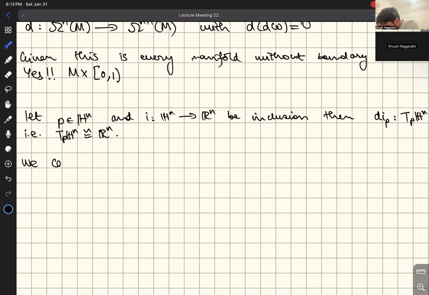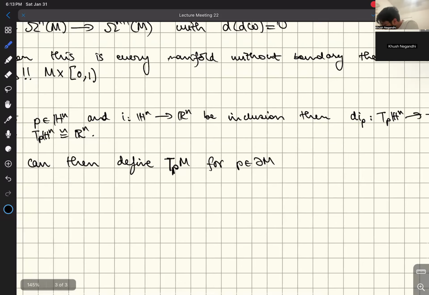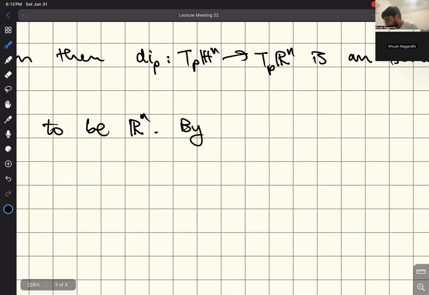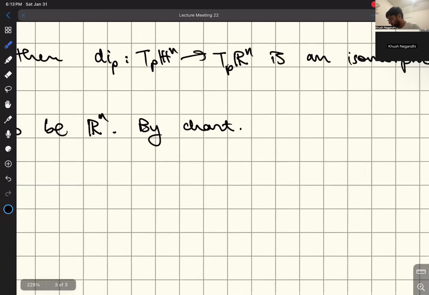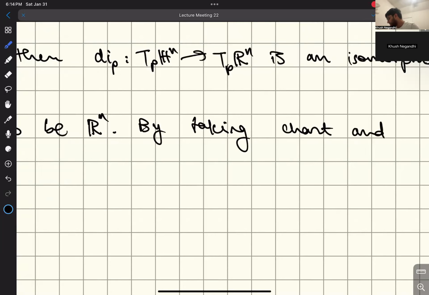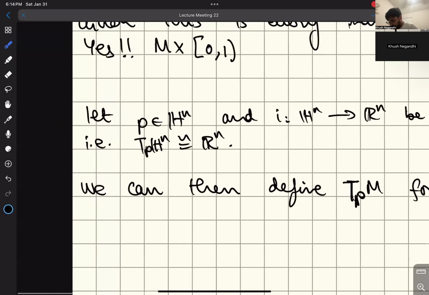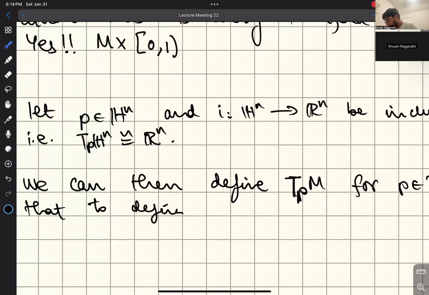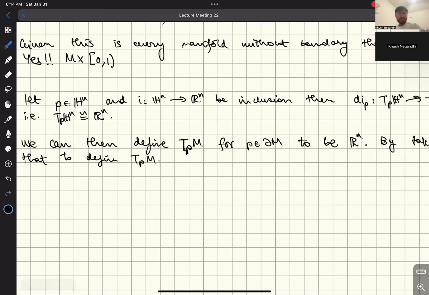So we can define T_p M for p in the boundary of M by taking a chart and using that to define T_p M, similar to how we did with manifolds without boundary.